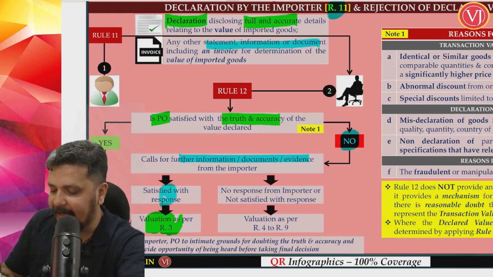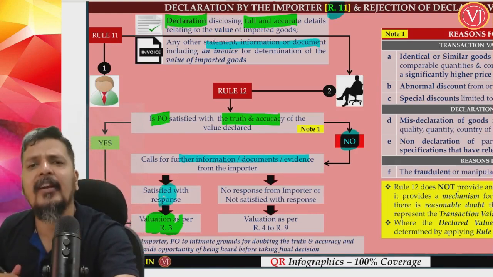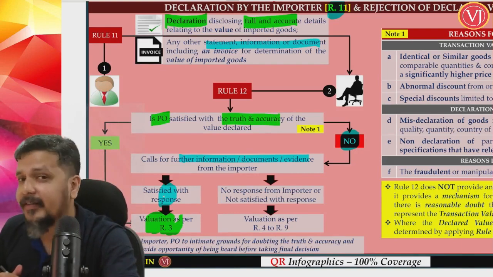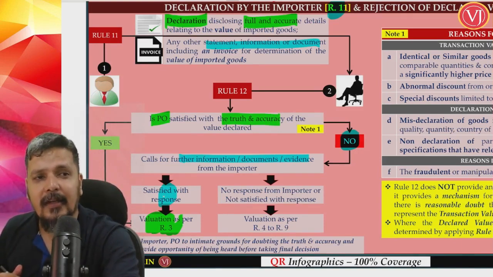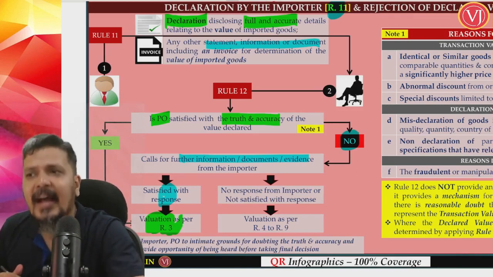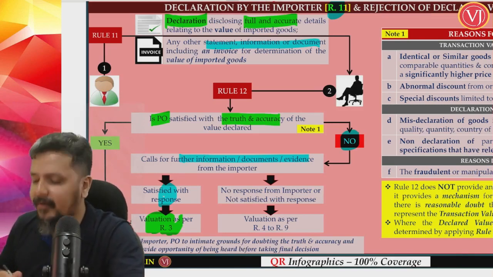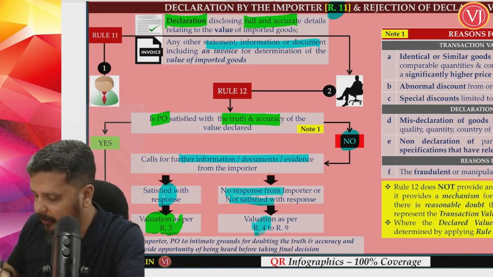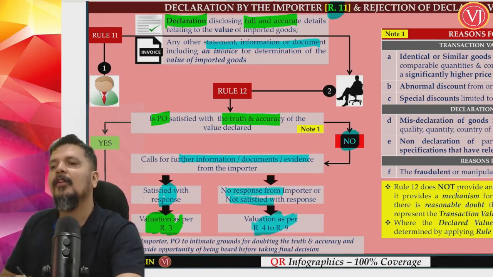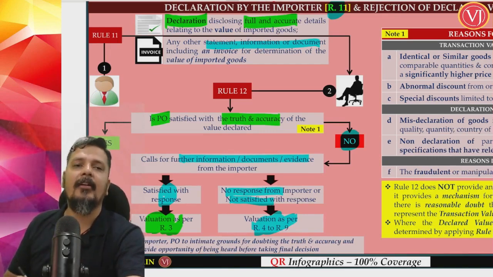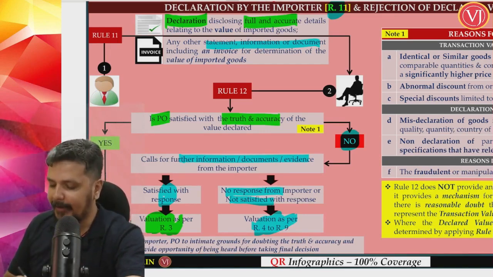After seeing the evidence, if he is satisfied, still it will remain in rule 3. If he is not satisfied even after seeing the documents, information, evidence, or there is no response, then you will start 4, 5, 7, 8, 9.